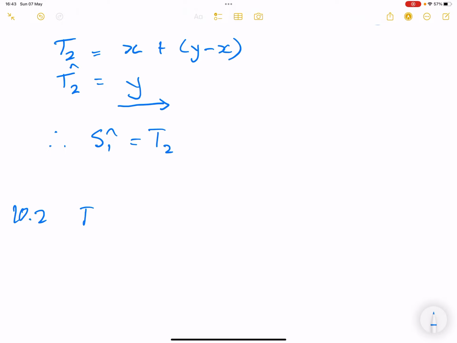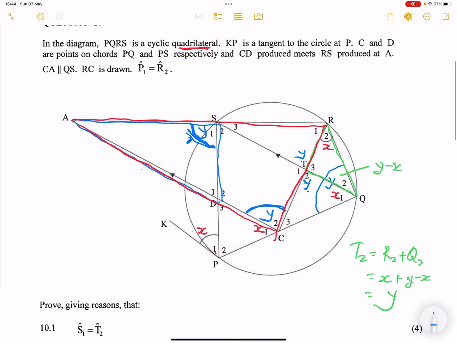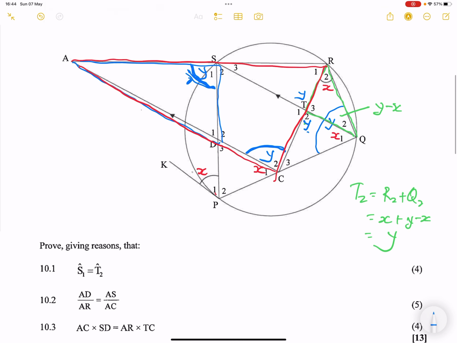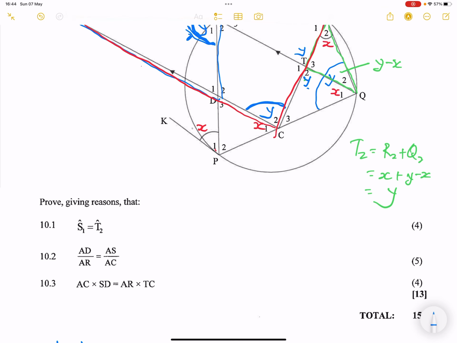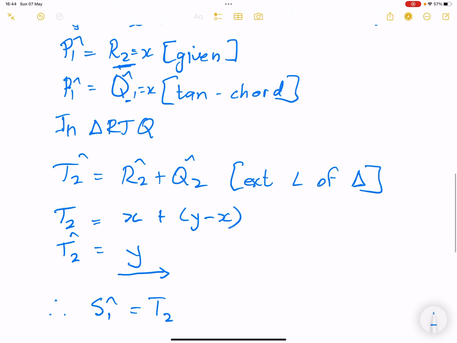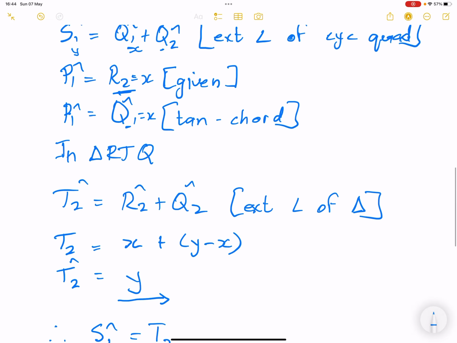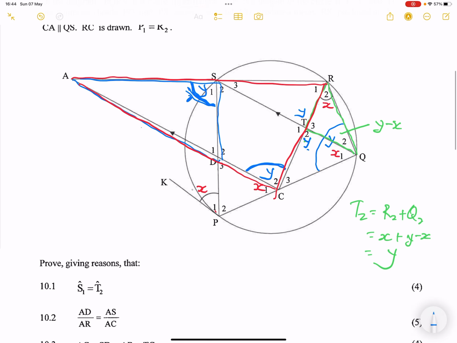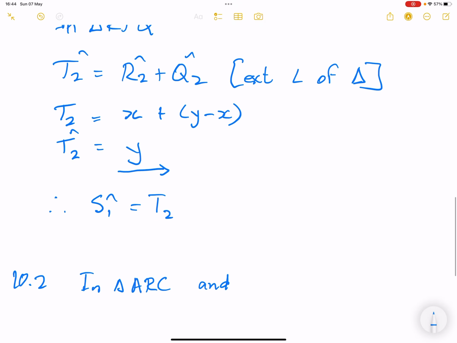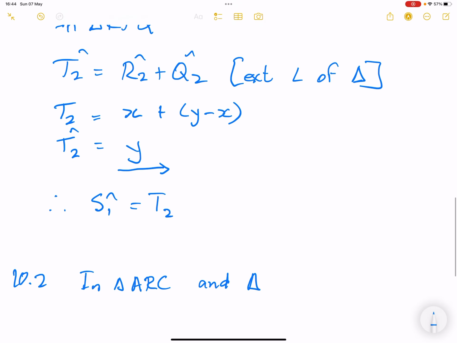So in triangle ARC, which is the big one, and triangle ASD, we must always make sure that it's the corresponding vertices.